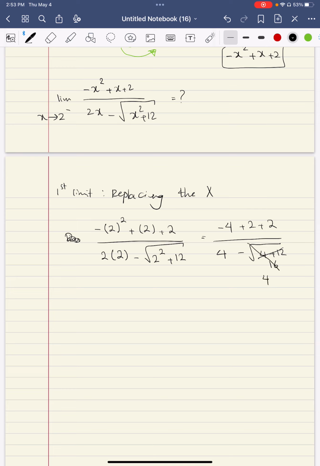Root 16 is 4. So here it would be 0 over 0.